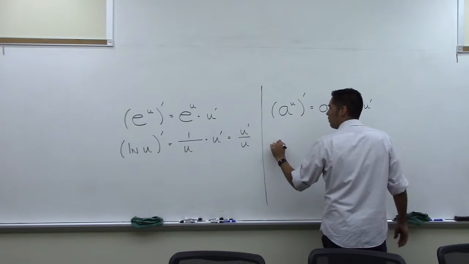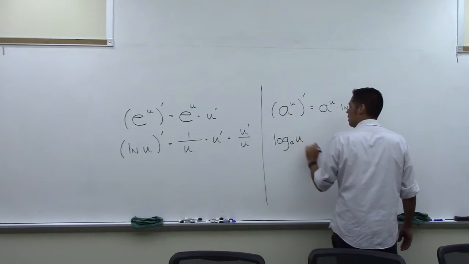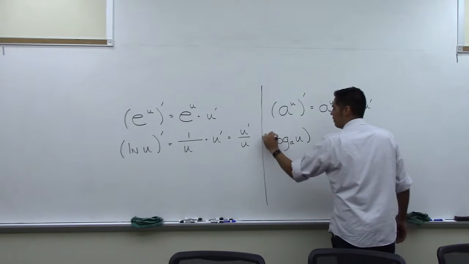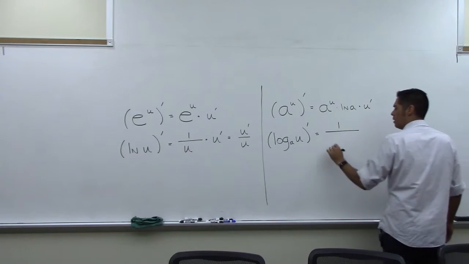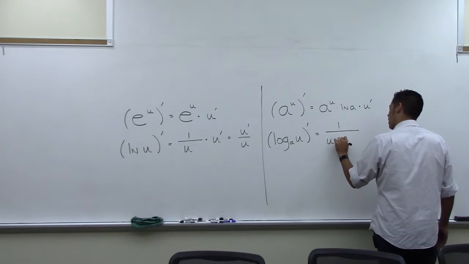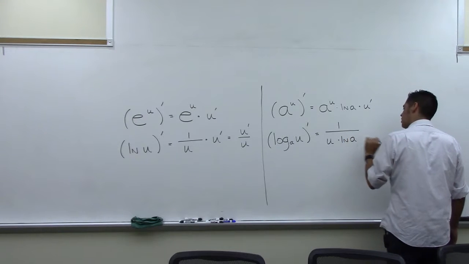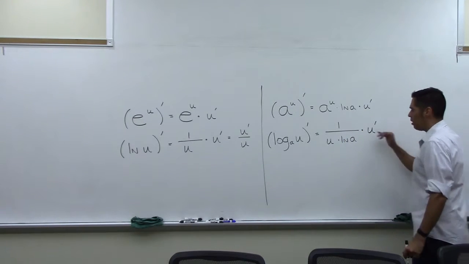And then if we have log base a of u, the derivative of this will be 1 over u, just like over there, but then we have to multiply that by natural log of the base on the bottom, and then times, because of the chain rule, u prime.